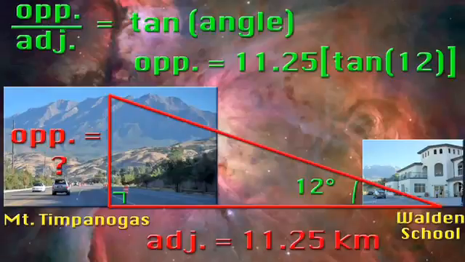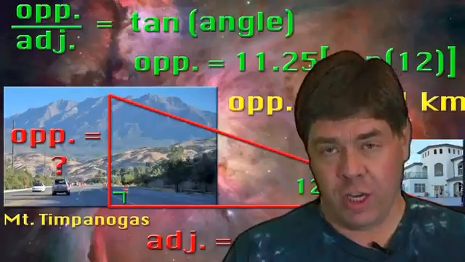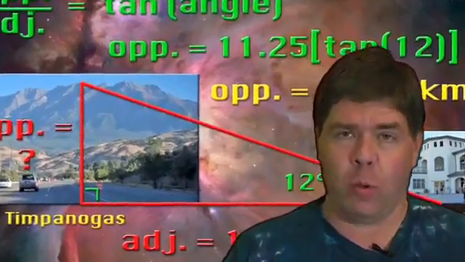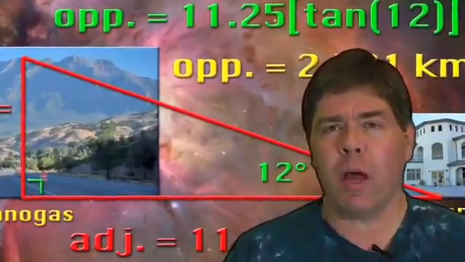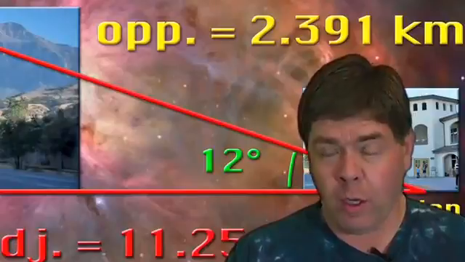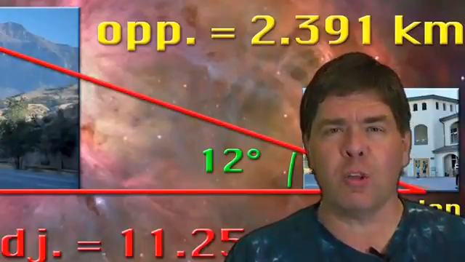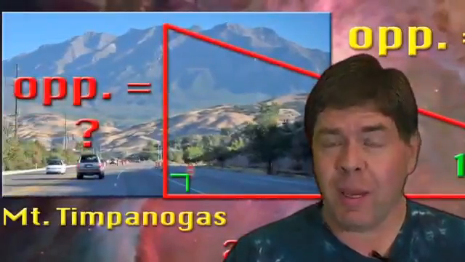Now let's put our numbers into a calculator. We can solve for that opposite side, which is the tangent of our angle, 12 degrees, times 11.25 kilometers will equal the height of the mountain. I calculate a height of 2.391 kilometers, or 2,391 meters. Now that's the height of the mountain from its base to its peak.